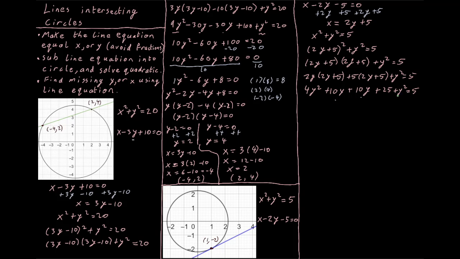Add up like terms. So I have 5y squared plus 20y plus 25 is equal to 5.